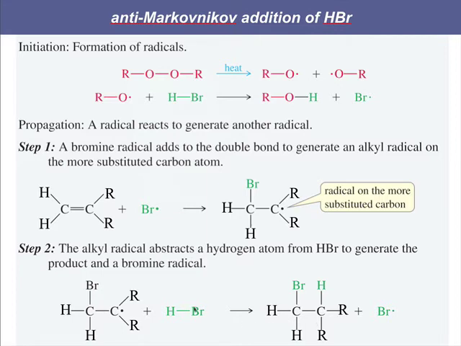And we're going to be left with the bromine with the one unpaired electron, and we're going to have Br dot left over. Notice that that Br dot can go back and participate in another step one with another alkene. So this is a propagation step that cycles over and over and over. It's a chain reaction, a lot like our free radical chain reaction was.